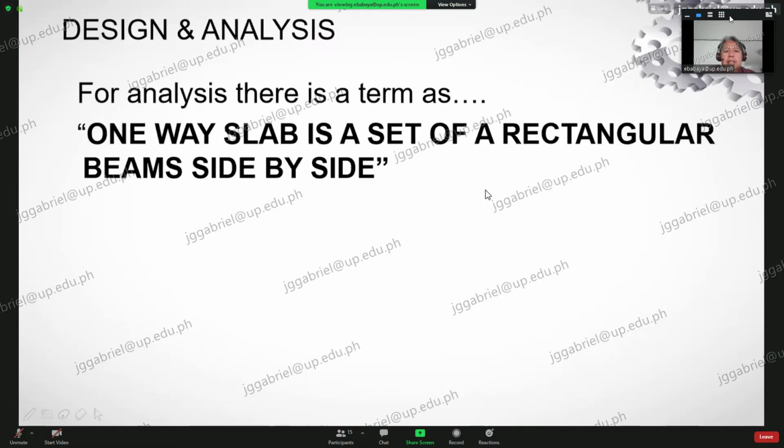For analysis, there is a term: a one-way slab is a set of rectangular beams side by side. Okay? Gets nyo yan? It's like you are designing rectangular beams which are placed side by side. In the previous chapters 6 and 7, you've learned already how to design a reinforced concrete beam, whether it is singly reinforced or doubly reinforced. Alam nyo na yan, di ba?